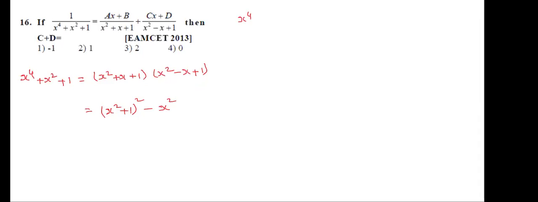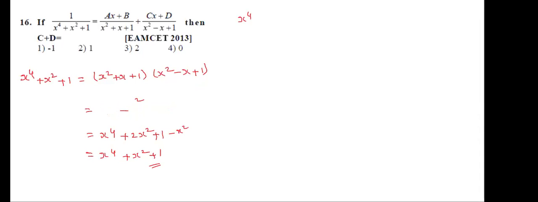Students, did you understand? Multiply these two, apply the formula a plus b into a minus b. Simplify this, you will get. I will simplify, no problem. See, here we get x power 4 plus 2x square plus 1 minus x square. That means x power 4 plus x square plus 1. So we got the left hand side or not?